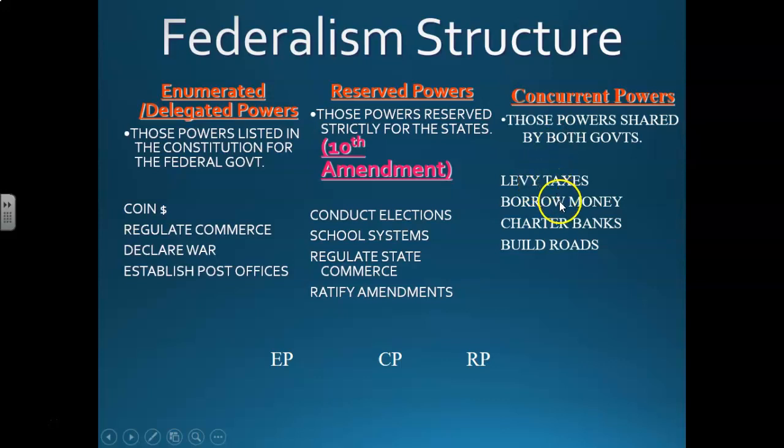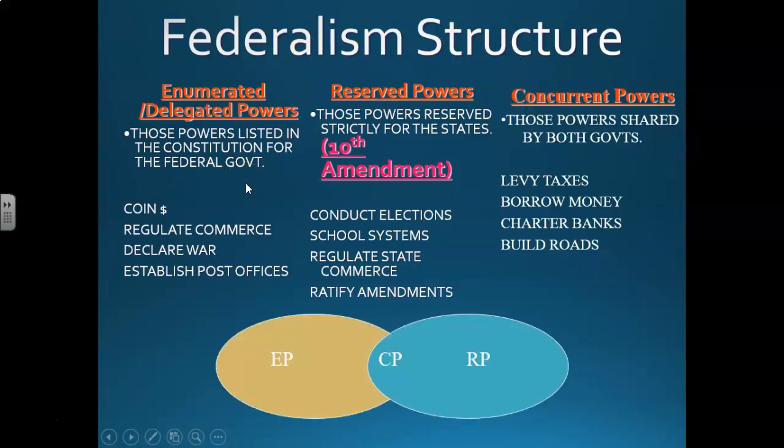Levy taxes, borrow money, make banks, make roads. And so because we have federalism, we have federal-only powers, we have state-only powers, and we have shared powers. And so if you think of it like a Venn diagram, there is your federal, state, and then the both is where they merge.